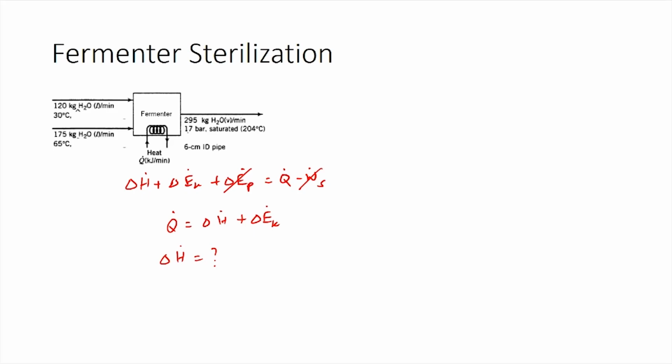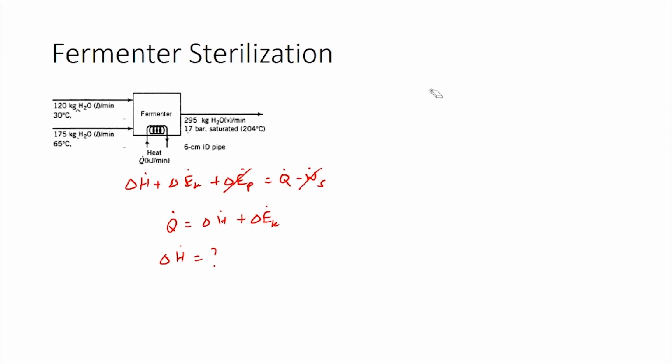Please refer to steam tables from one of the textbooks, or any other steam tables you have access to, to identify the enthalpies for the inlet streams, which are liquid water at 30 degrees Celsius and liquid water at 65 degrees Celsius. You would also have to identify the specific enthalpy for saturated vapor at 17 bar, which is your exit conditions.